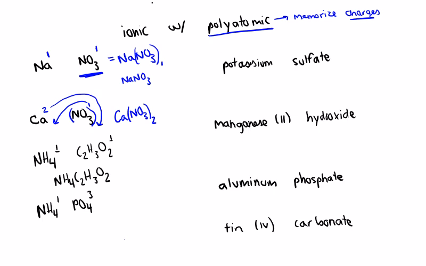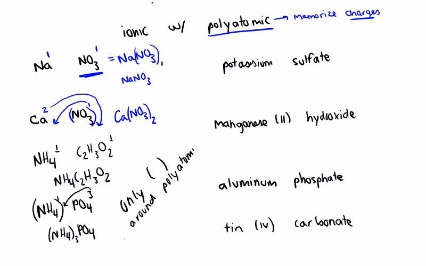You could technically write both sets of polyatomic ions in parentheses, but I'm just going to need 3 of these ammoniums, so I put it in parentheses. So (NH4)3PO4. Again, we only have parentheses around polyatomics in formulas.